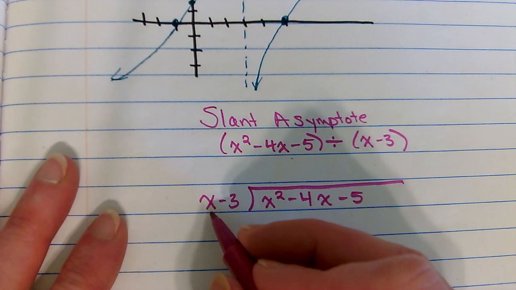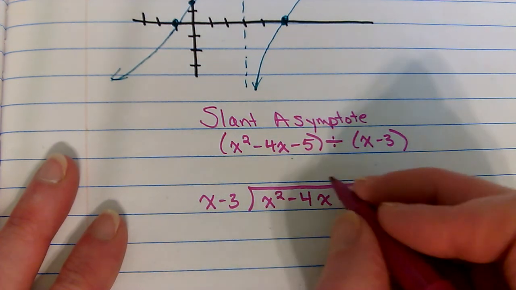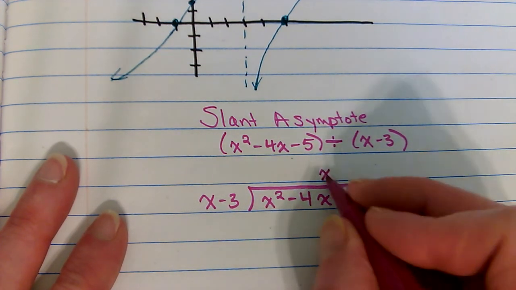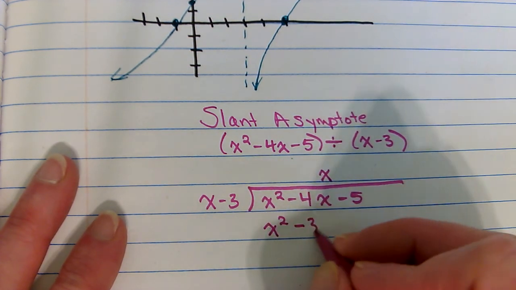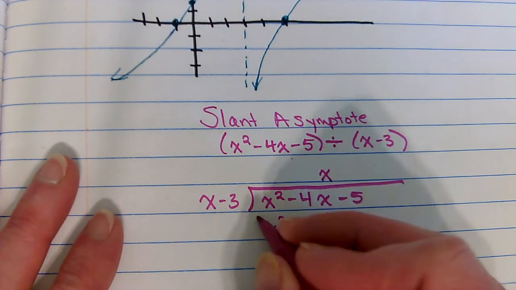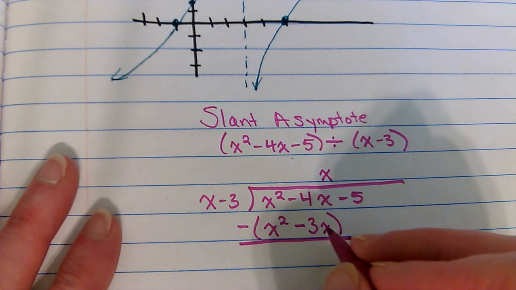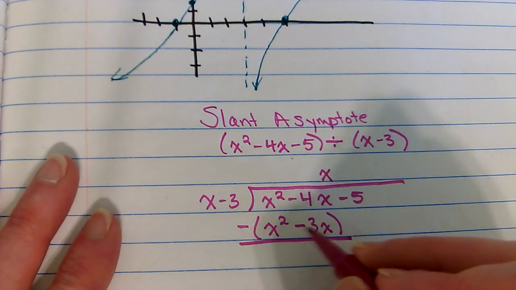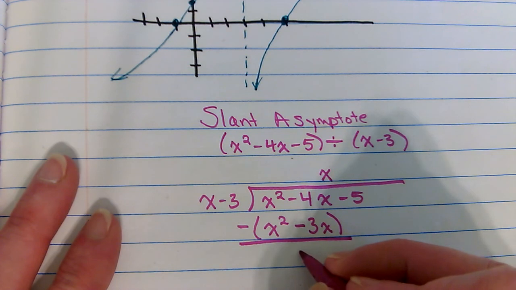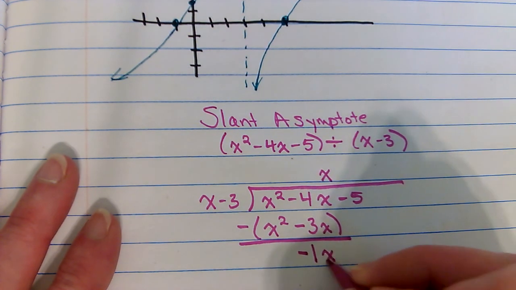So I'm only looking at the first terms. X squared divided by x goes in x times. X times x is x squared. X times negative 3 is negative 3x. Then I'm going to subtract. Negative 4x minus a negative 3x is going to leave me with a negative 1x.